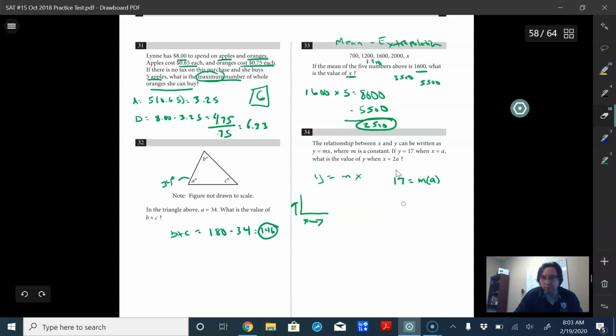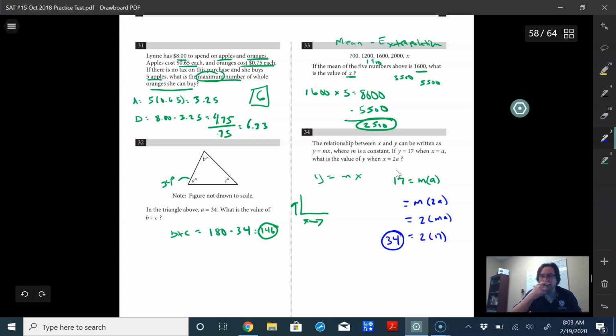Then y equals m times 2a, but if we move this around, really that is nothing more than 2 times ma. And we've already said that ma equals 17, so then we have 2 times 17. Again, that gives us 34.